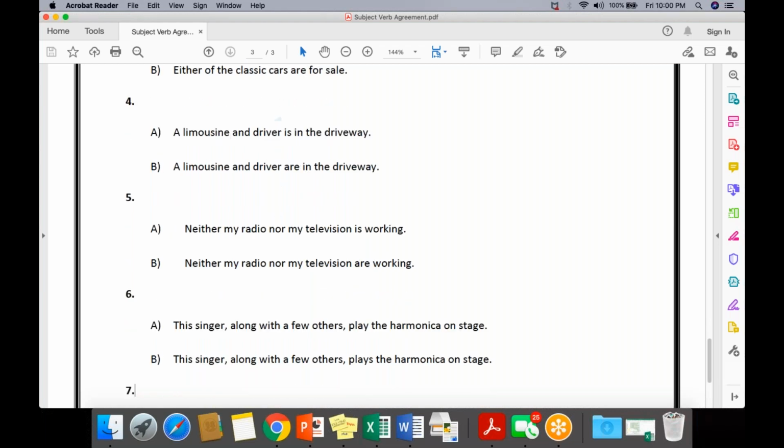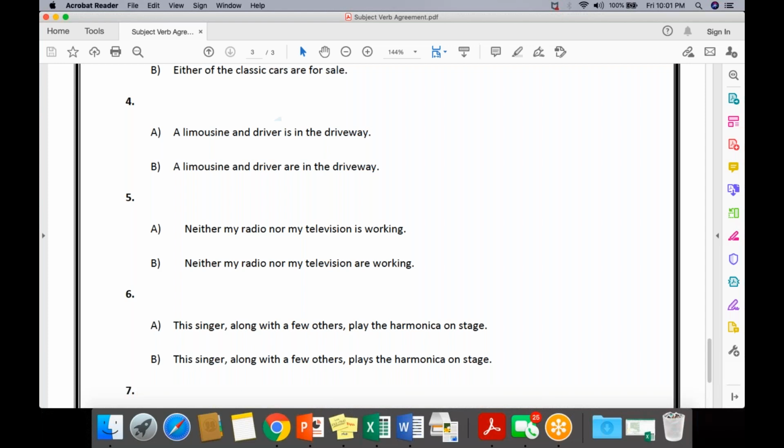Question number 6. Read it carefully. The singer along with a few others.